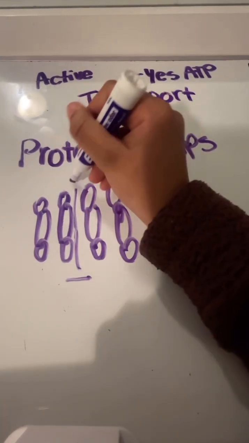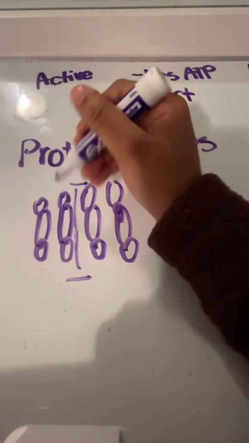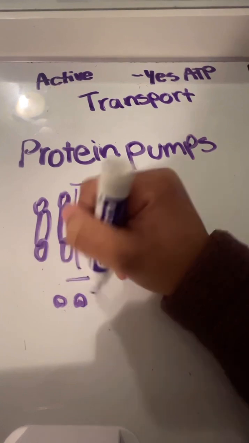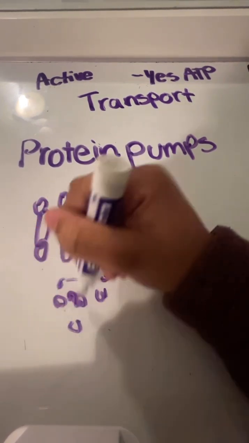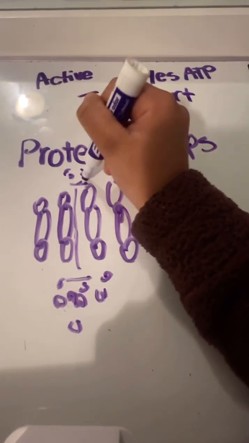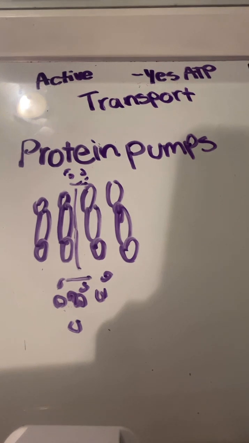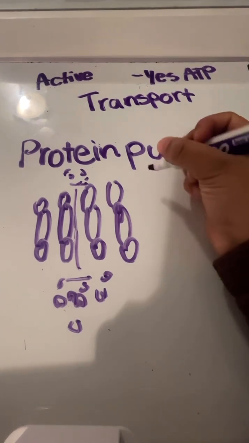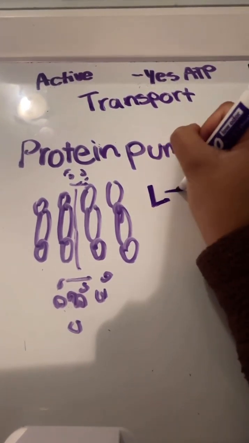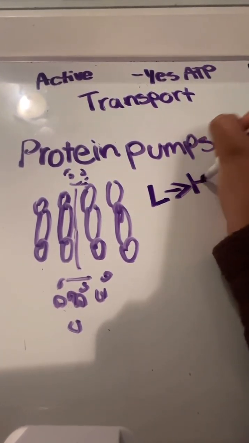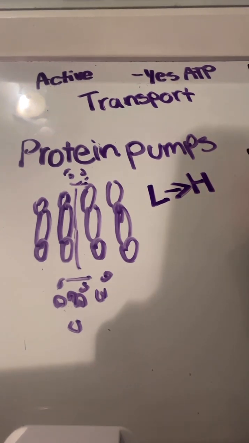It's like a channel that brings everything from a high concentration to a low concentration. That's the thing though, when you do active transport, it goes from a low concentration to a high concentration. That's the difference. I'm gonna show them in a second, the differences.